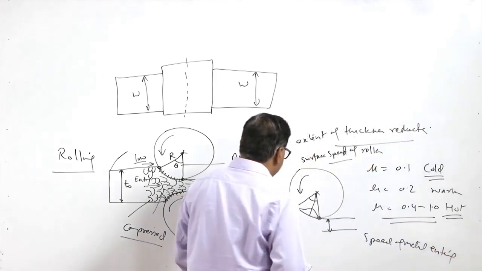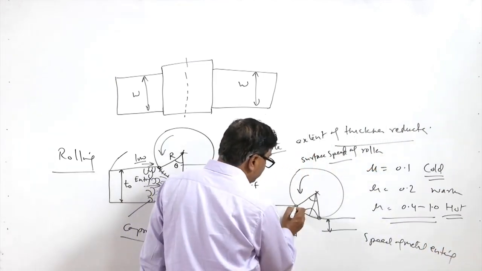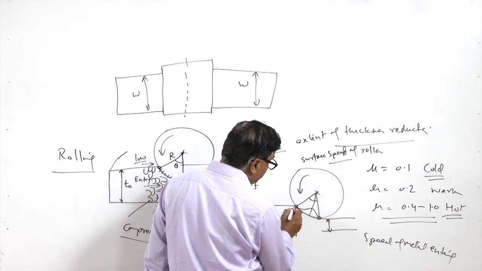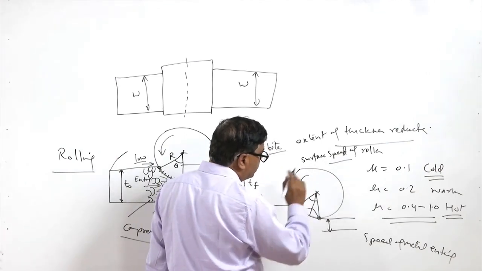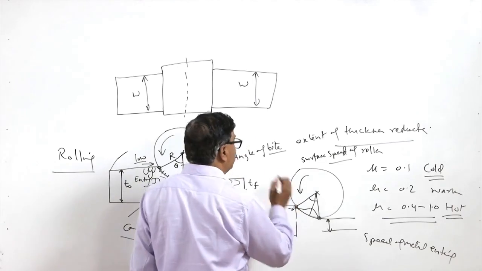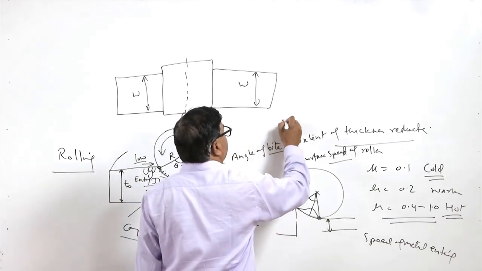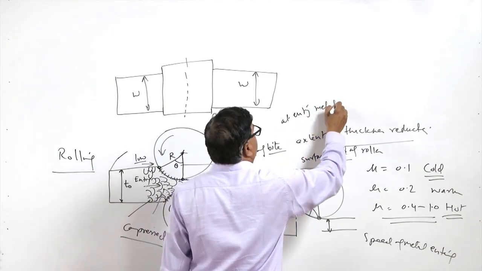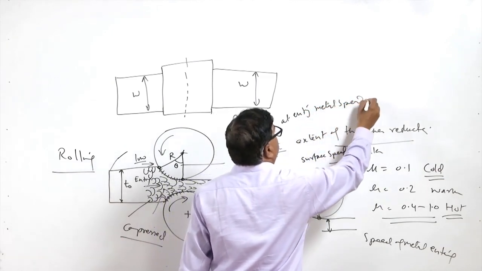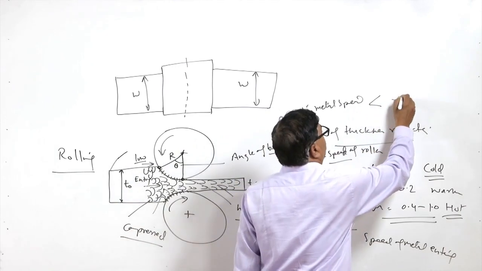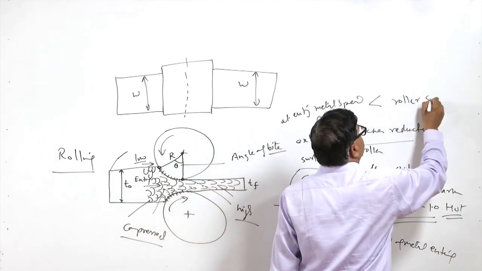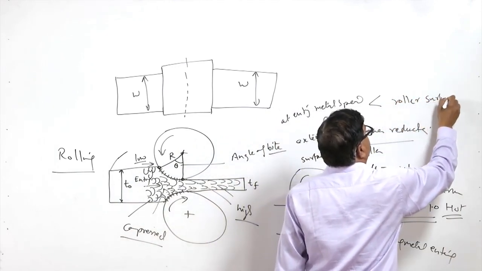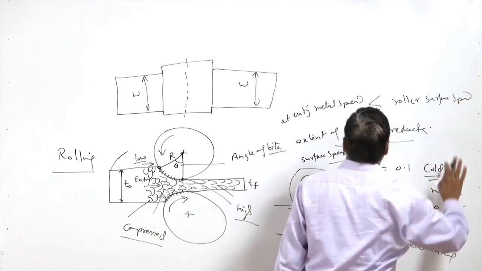So, in the beginning, the speed of the metal entering is low while the speed of the roller surface is high at the entry point. So, at entry the metal speed is less and the roller surface speed is high.